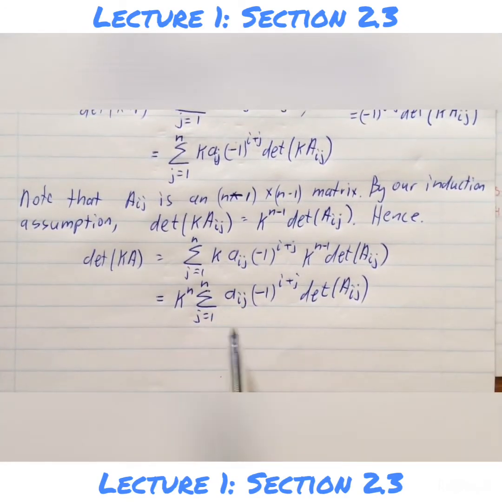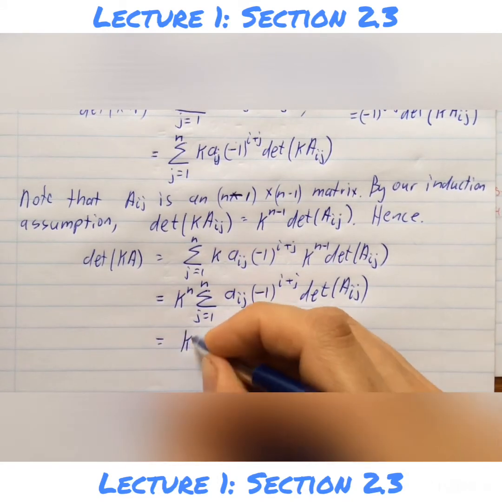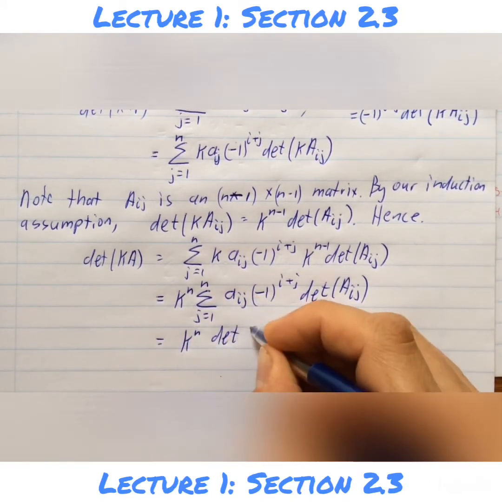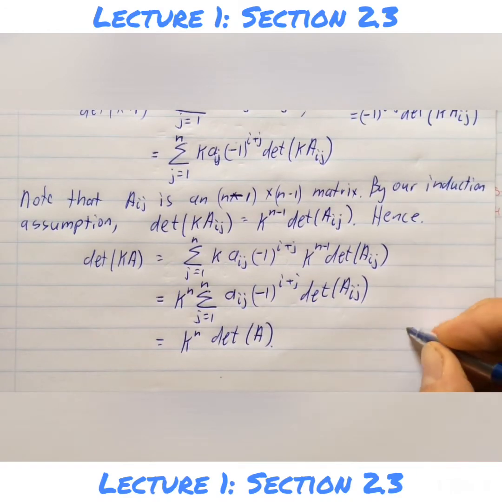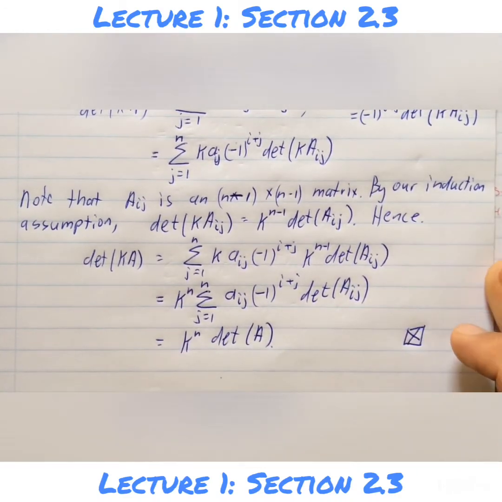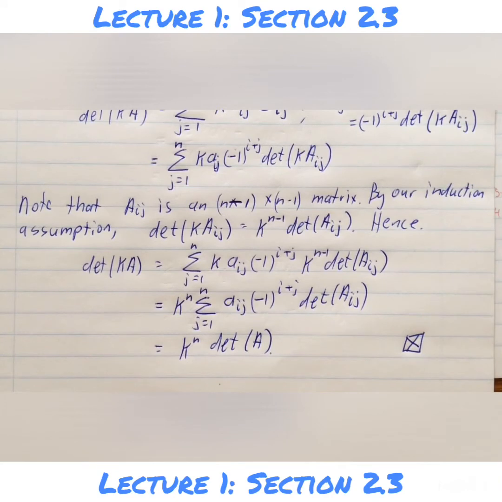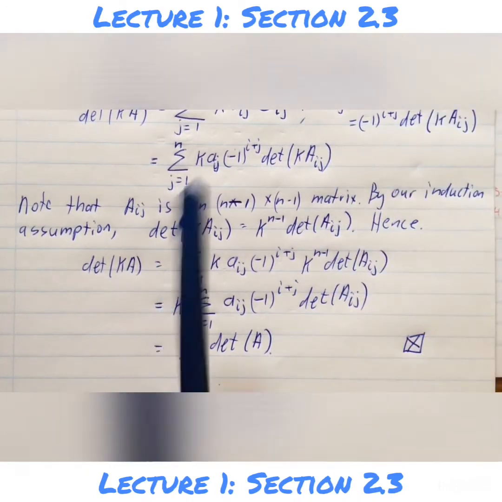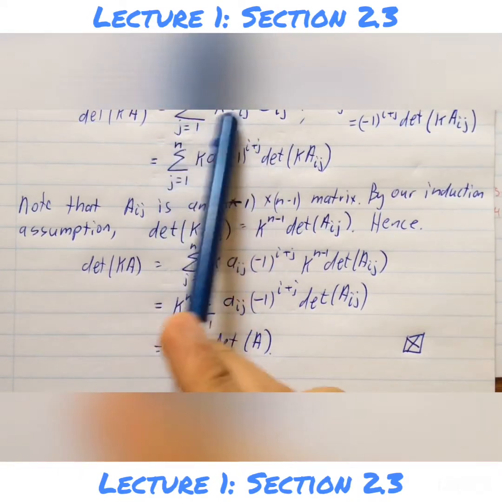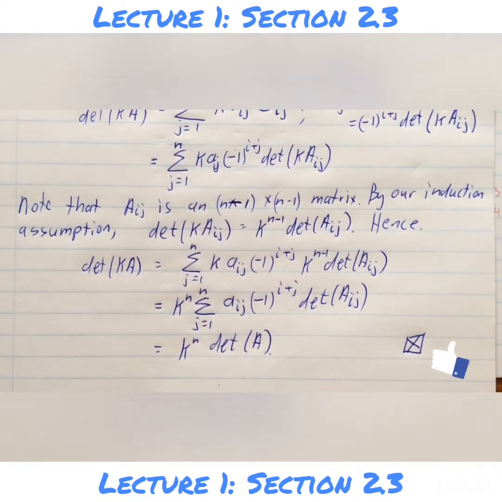Ladies and gentlemen, this is just the cofactor expansion of the matrix A along the ith row, and you can replace it with the determinant of the matrix A. So that is where that identity comes from, applying the second principle of mathematical induction. It's a nice exercise because it uses the cofactor expansion directly.